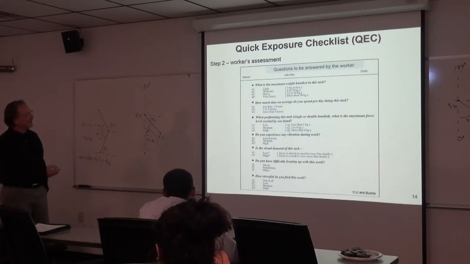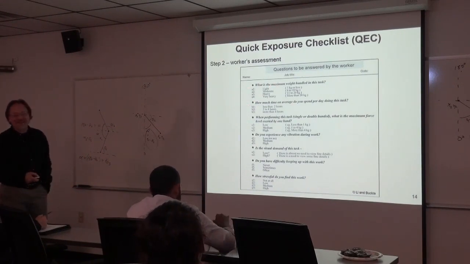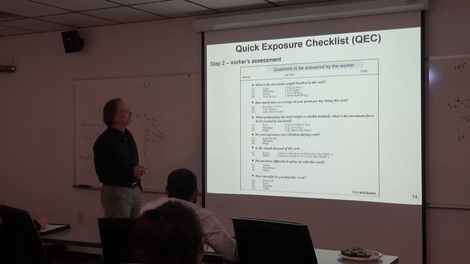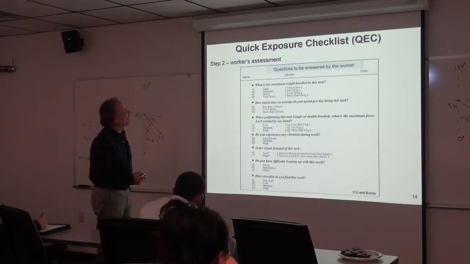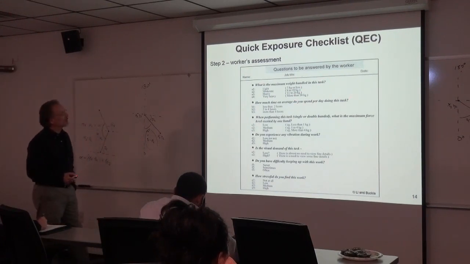Okay, now, the little ones, I don't know whether this was on purpose or not, but the small letters are what the worker gets to answer. And this is where the psychosocial comes into it. The maximum height handled or weight handled in the task. Okay? How much time on the average you spend per day doing this task. They estimate that from performing this task.